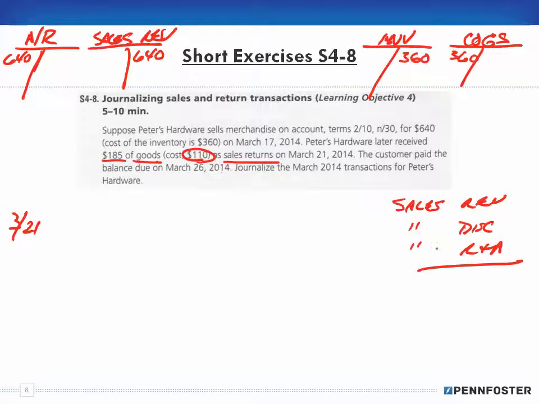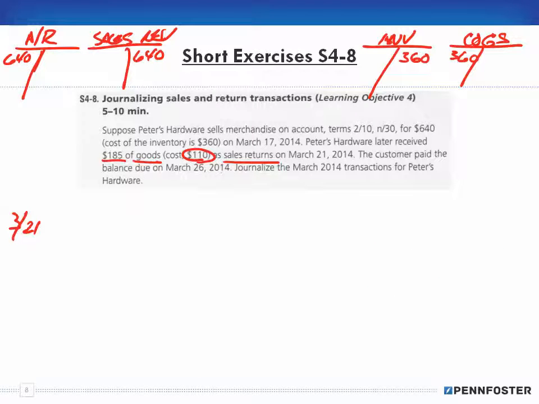And then the difference between those, because remember, the revenue is a credit, the discount is a debit because it's a contra account, and the return and allowance is a contra account. The difference is your net sales revenue.